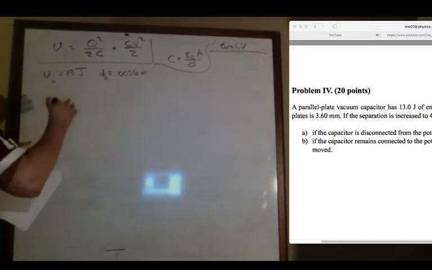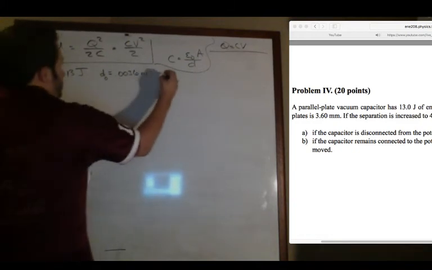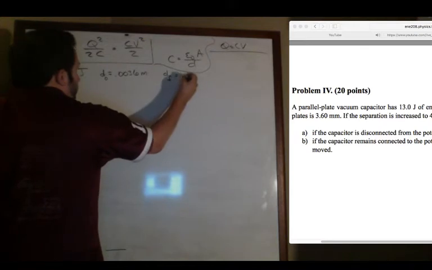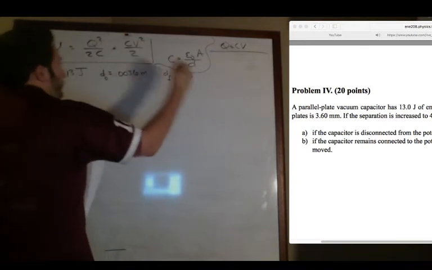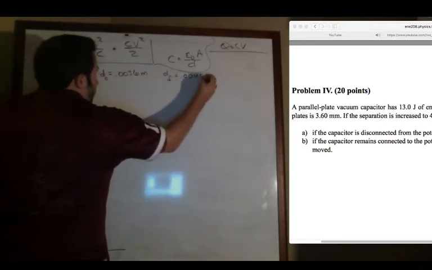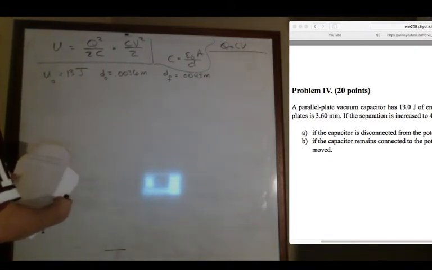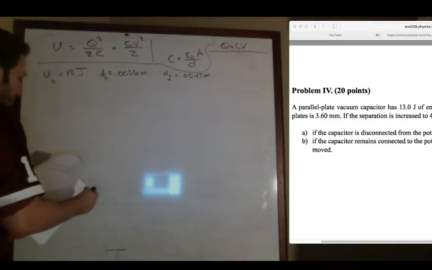Then it got moved to 4.5 millimeters, so we'll call DF, our final distance, 0.0045 meters.